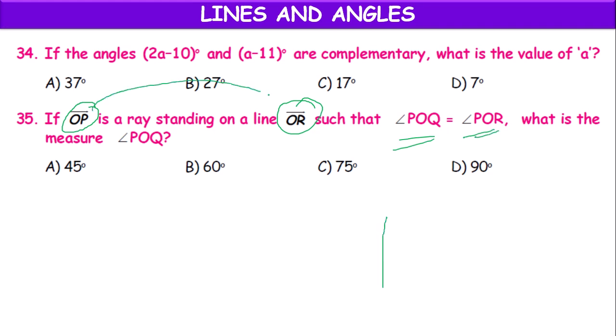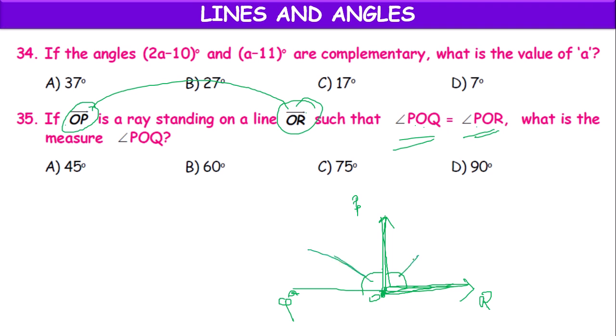So their common point is O. OP is a ray standing on OR such that POQ equal to POR, whatever angle we have, same angle we have another point Q. So what is the measure of POQ? So these two angles are equal.